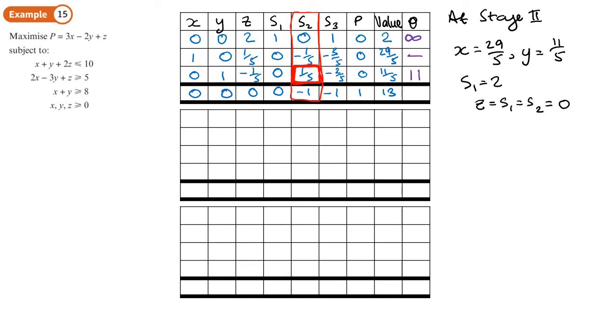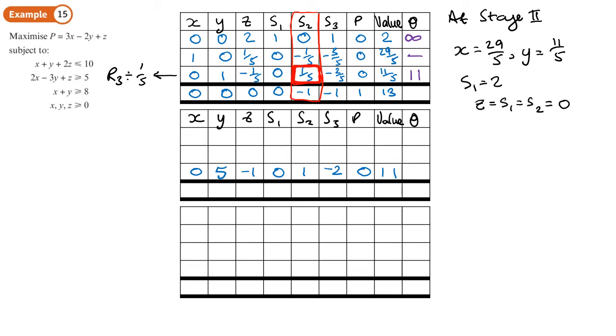So we're going to take everything in row 3 here, and we're going to divide it by a fifth. So our new row 3 becomes 0, 5, -1, 0, 1, -2, 0, and 11.